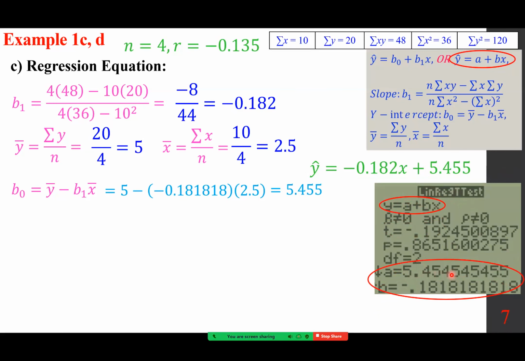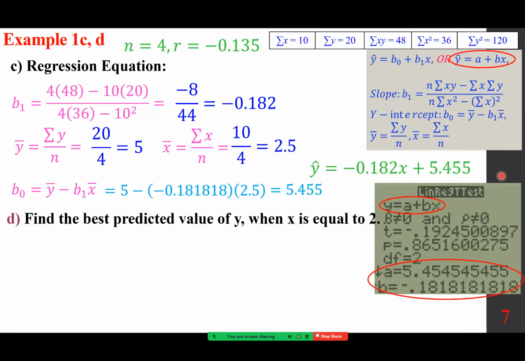A is 5.4545. So if we stop here, it changes to 5. And then b, because it's a plus bx, this number. And again, if you stop here, change it to 2. So I hope you see that this gives rise to this equation. So you don't have to do it by hand.